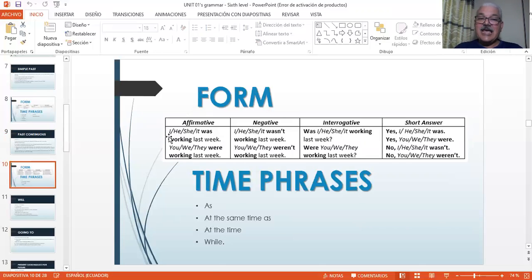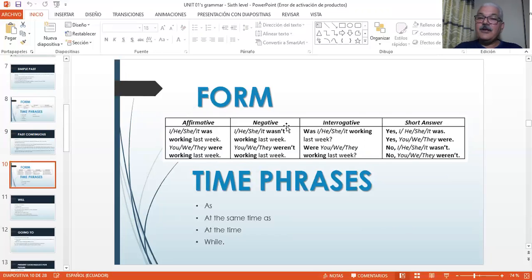So notice that we say, I was working last week, or she was working last week, right? They were working last week. In this case, we had to use were. The same, you were working last week. So notice that the only thing that will change would be the verb be, in which we express the person.